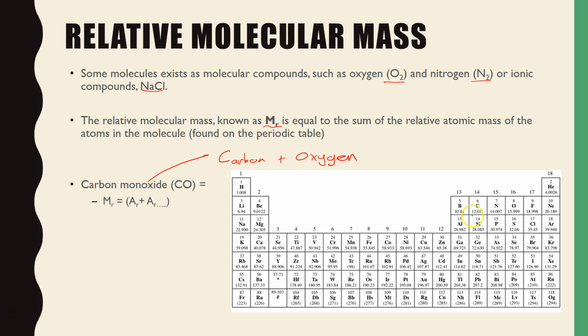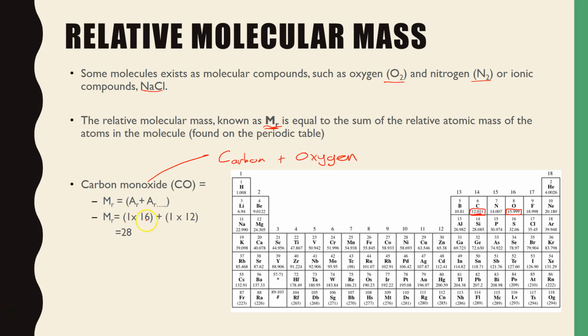Carbon has a relative atomic mass of 12, as shown here. Oxygen's relative atomic mass is 16, or 15.999, depending on the periodic table that you use. If we add those relative atomic masses together, we have the relative molecular mass.